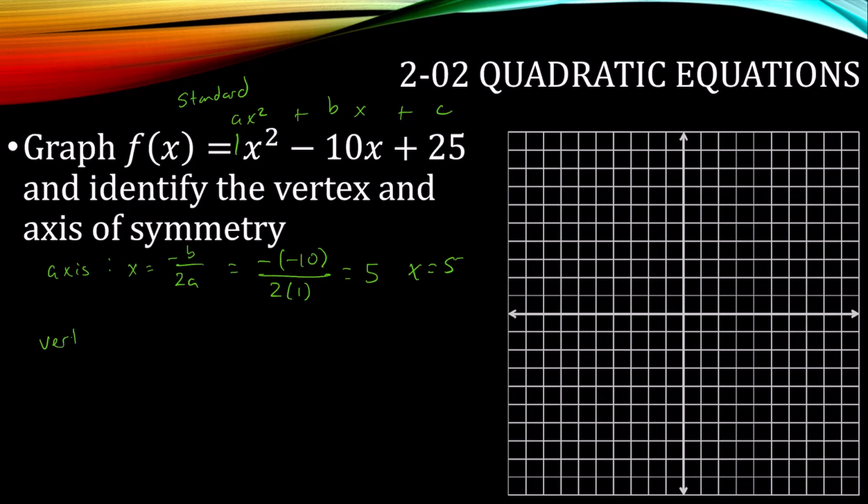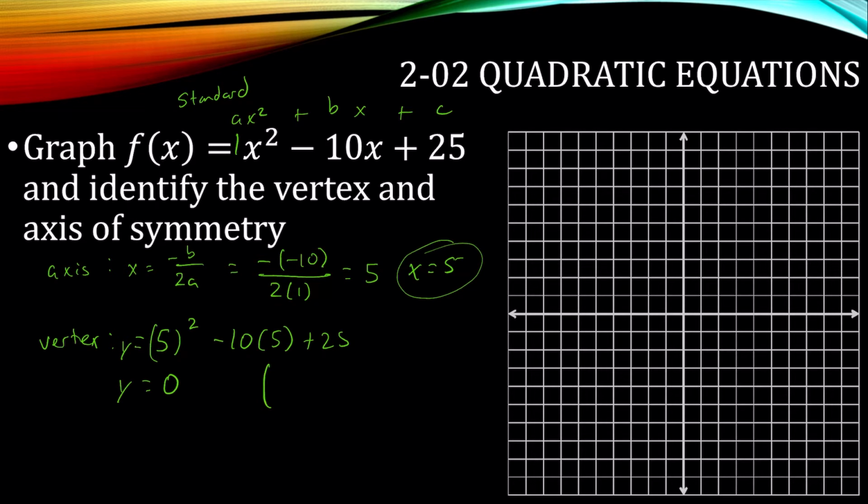The vertex is, the axis of symmetry is the x value of the vertex, and we plug it in to get the y value. So let's just take that 5, we're going to plug it in. And we'll end up with 0.